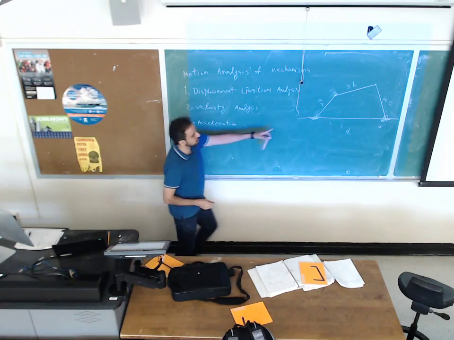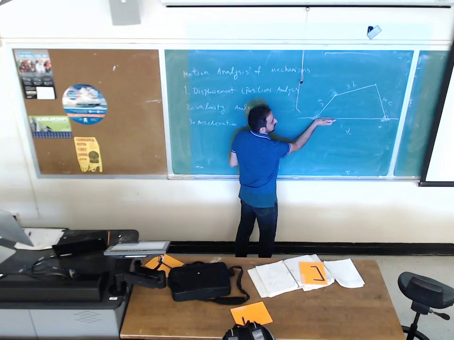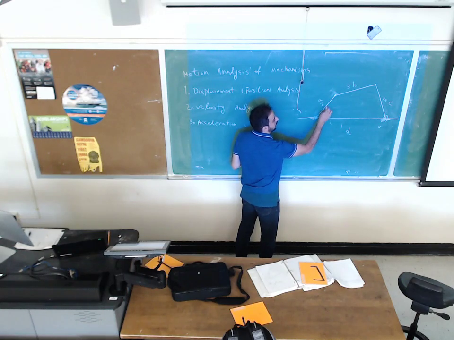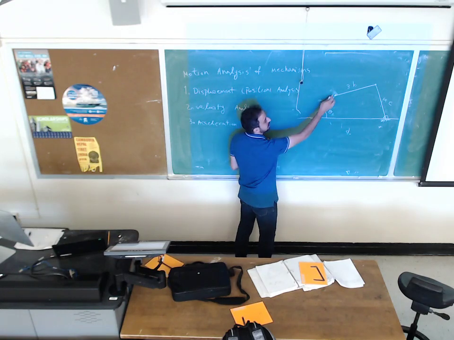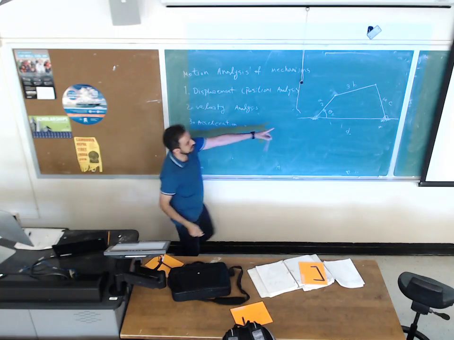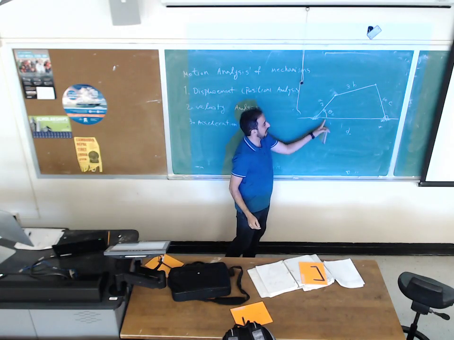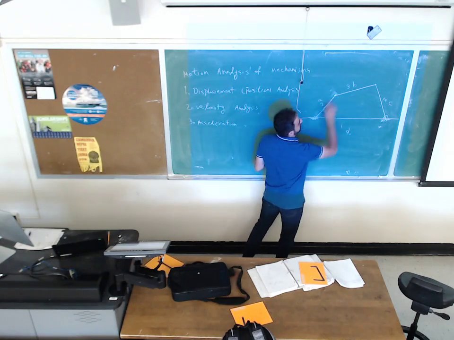I start from the ground, moving in the counterclockwise direction up to link 2. Then I label this angle as theta with the index of 2, representing the angle of link 2 with the ground. So this index represents the angle of the corresponding link. So theta 2.